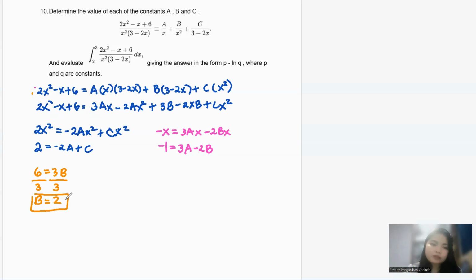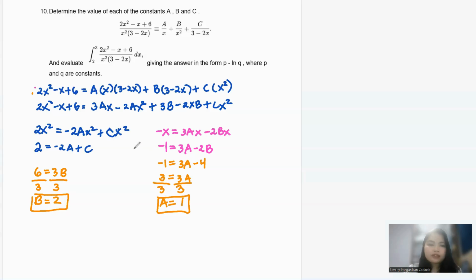Now I can just put my b here, and I can easily get my a: negative 1 is equal to 3a multiplied by negative 2 times 2, negative 4. So of course it will become positive 3 here, 3a. Then divide both sides by 3. Your a is equal to 1.